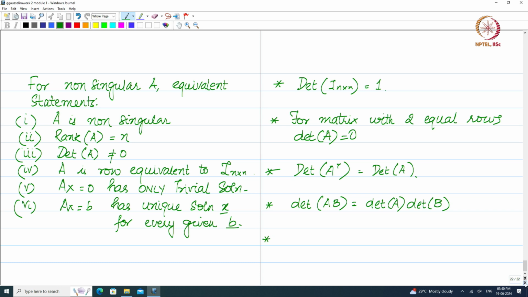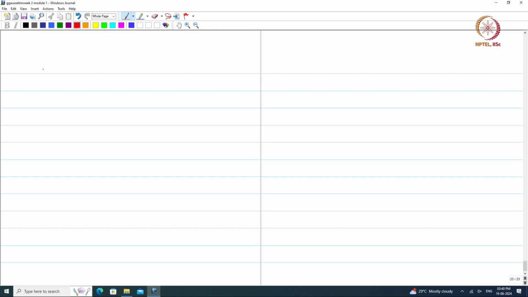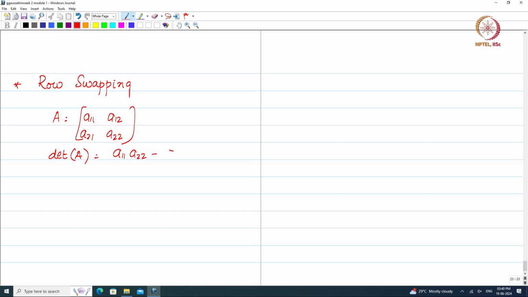Consider the following elementary row operation of swapping two rows. For example, if A is A11, A12, A21, A22, the determinant of A will be A11 into A22 minus A21 into A12.